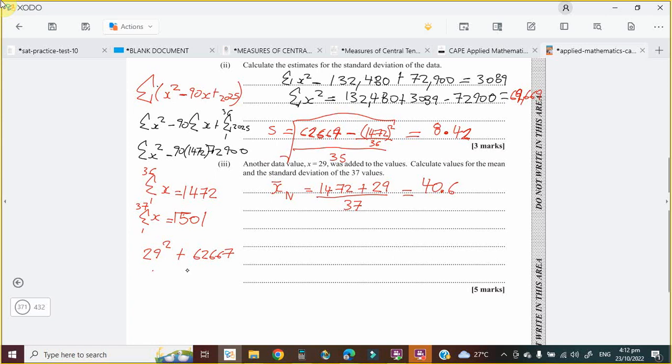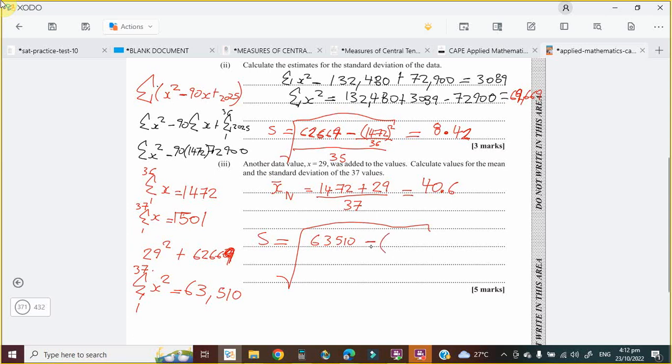Oh, 69. Why do I keep saying 7? I keep seeing 7. Sorry. 9. So add 29 squared to this. That will give us our new sum from 1 to 37 of x squared. Add them for me. 63,510.